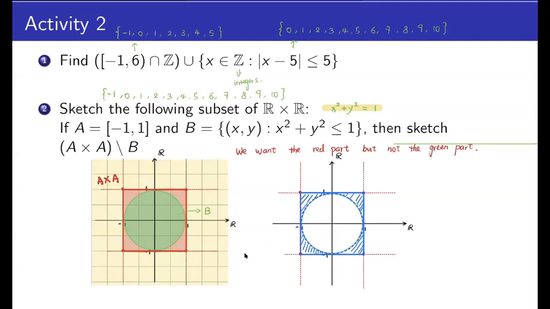So we use this to represent that we don't want those points. I'm going to erase what's inside there.